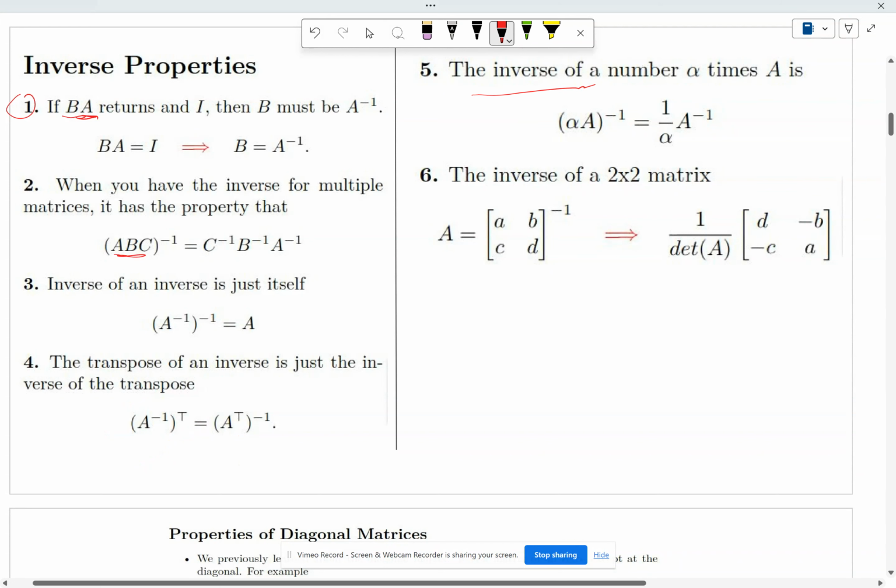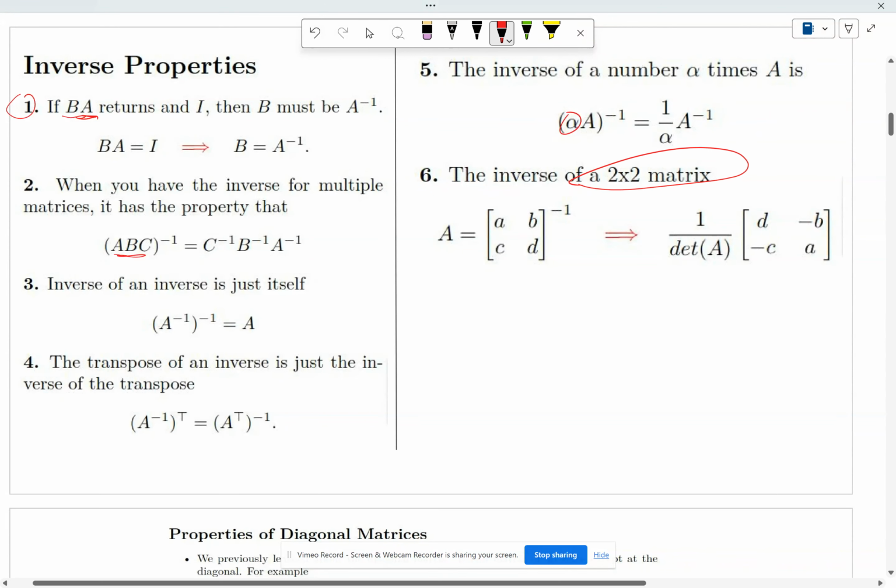Now, the inverse of a number times A. If we have a number alpha times the matrix A and we take the inverse of that, alpha gets inverted and A also gets inverted.